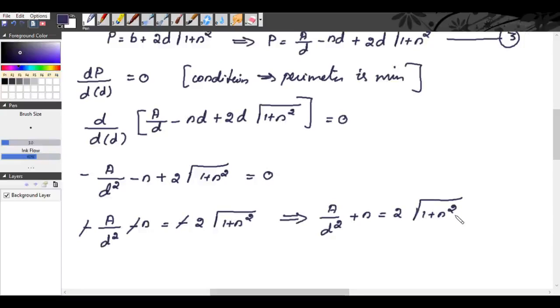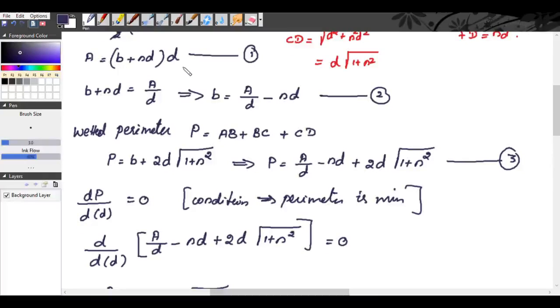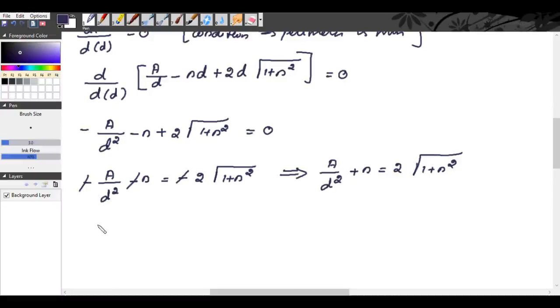Now we will substitute the value for area. From equation number 1, area is equal to b plus nD into D. So b plus nD into D by D square plus n is equal to 2 into square root of 1 plus n square.